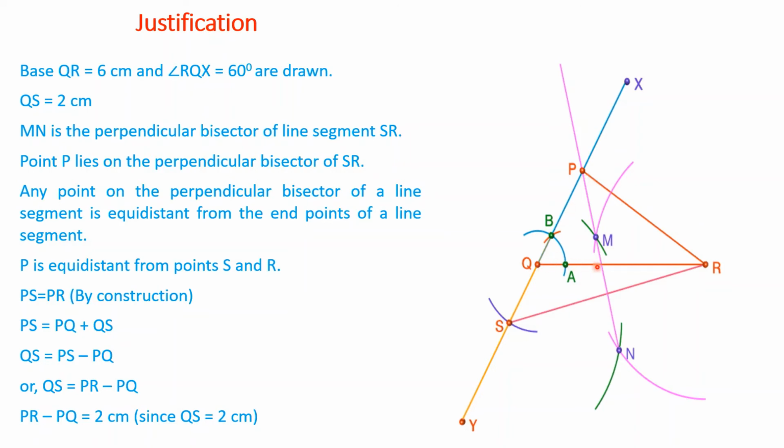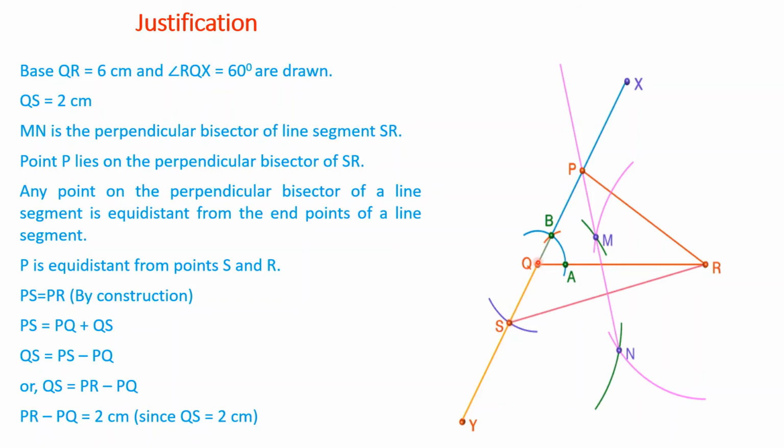Now first of all draw QR 6 cm. Draw this angle 60 degrees and extend this line QX to the other side of the line QR. Now cut QS 2 cm.